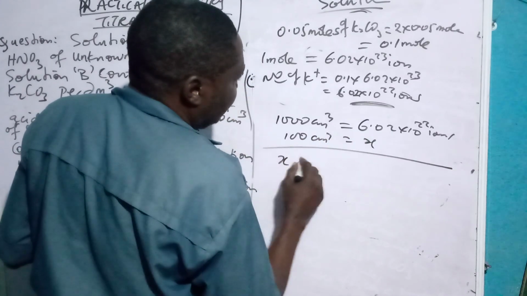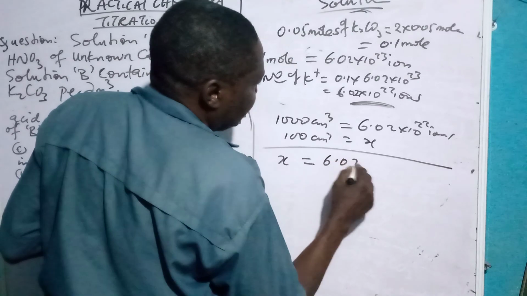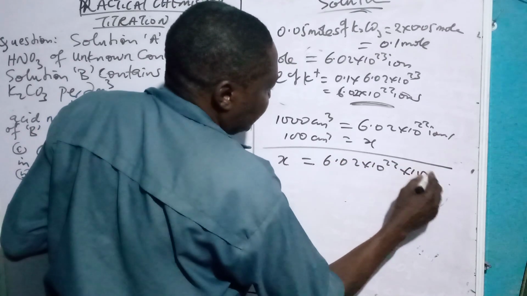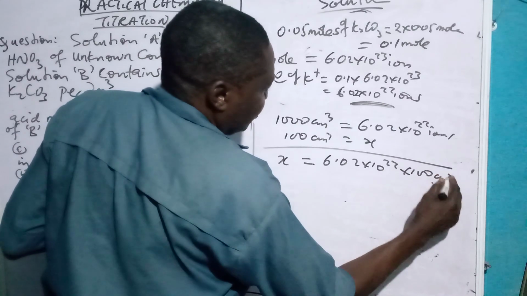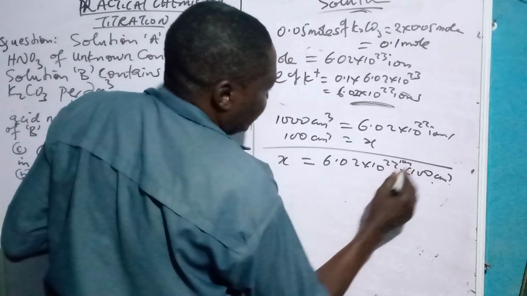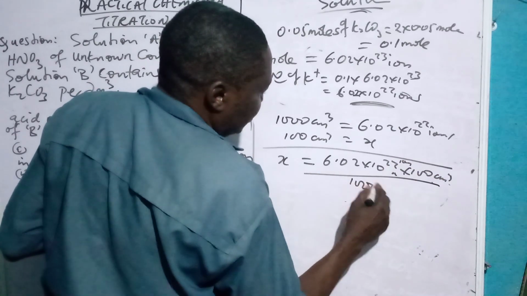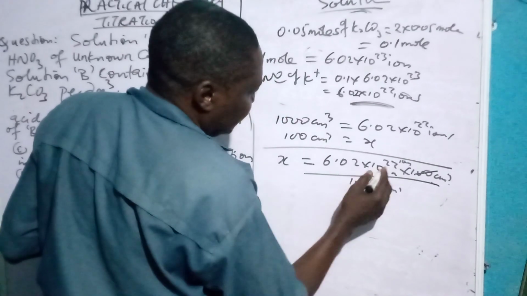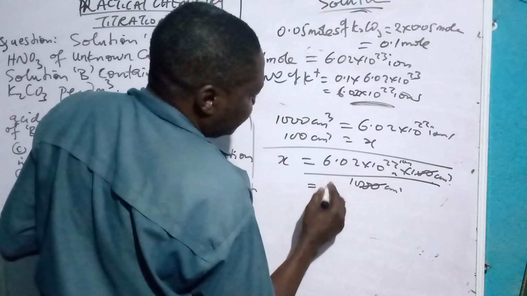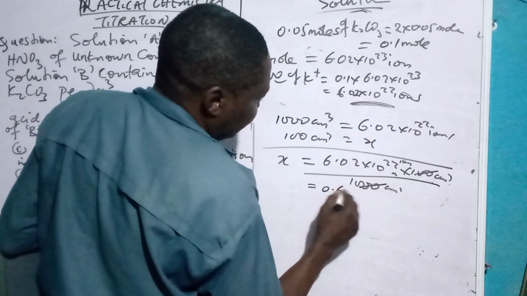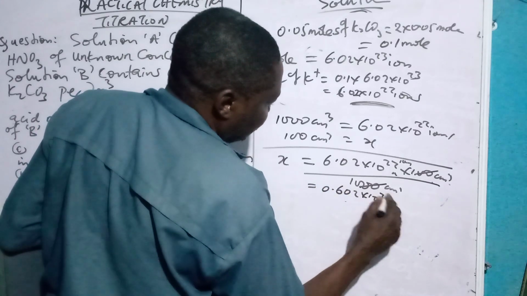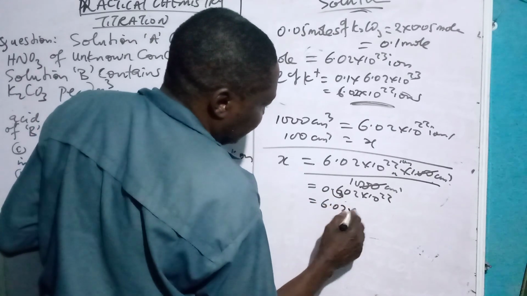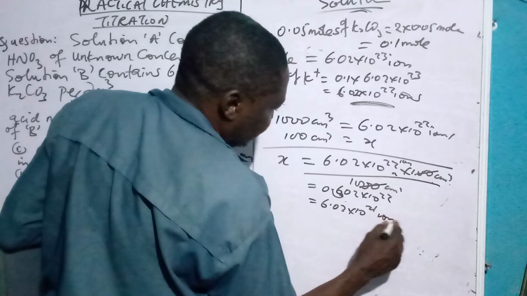Cross multiplying, x will now give you 6.02 times 10 to the power 22 times 100 cm cube over 1000 cm cube. Double 0 will cancel double 0. Then if you do this, this one gives you 0.602 times 10 to the power 22. So you shift it again, and it gives you 6.02 times 10 to the power 21 ions.